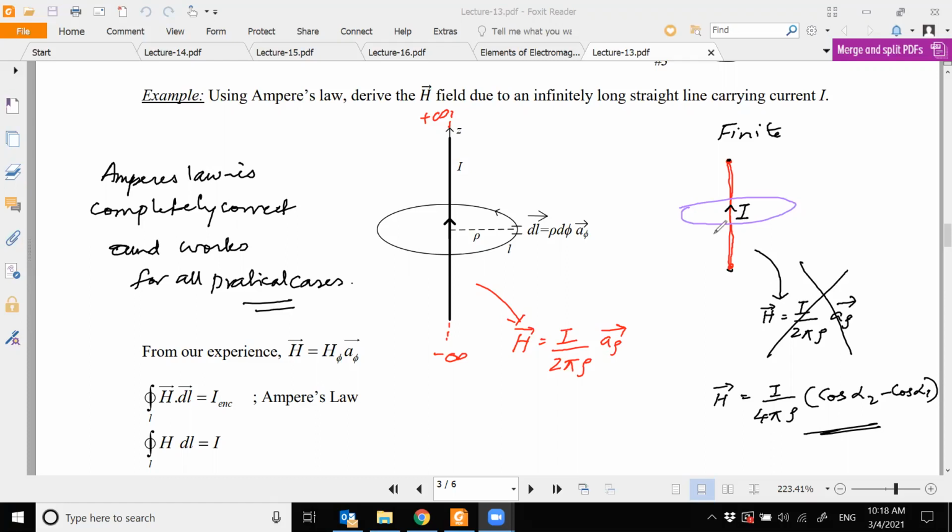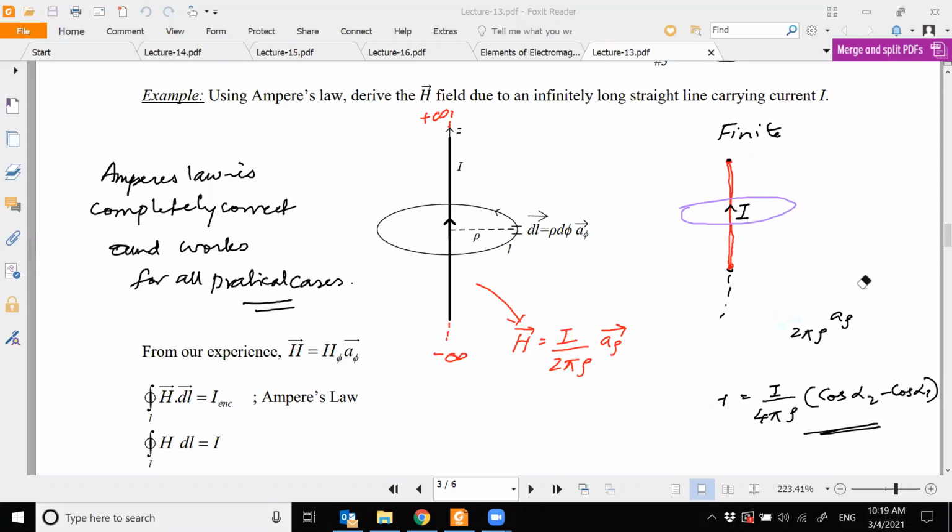But in the transmission line, still it is connected to a source, whatever source it is. So it works for practical cases very well.